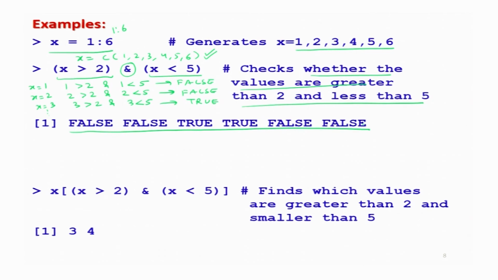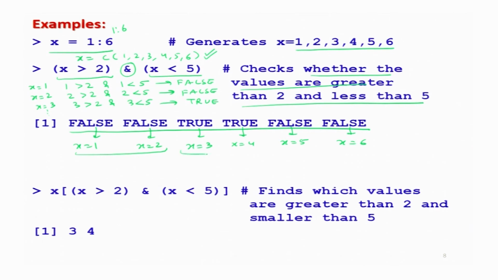This first value is corresponding to x equal to 1, the second value is corresponding to x equal to 2, the third value is corresponding to x equal to 3, the fourth value is corresponding to x equal to 4, the fifth value is corresponding to x equal to 5, and the sixth value is corresponding to x equal to 6. So now you can see that it is indicating that for the values of x 1 and 2, this condition is false.